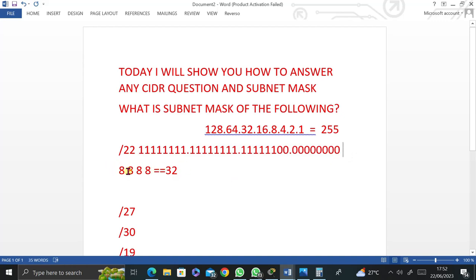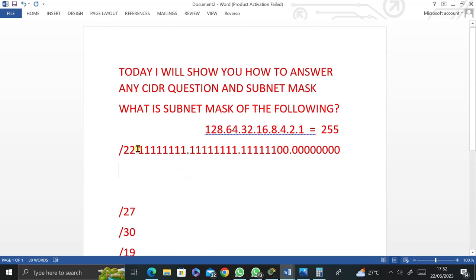If you add all of these numbers, it should give you 32. So out of this 32 bits, we should be able to put 22 ones so we can find the subnet mask.